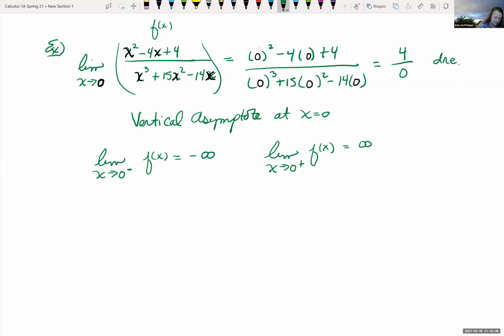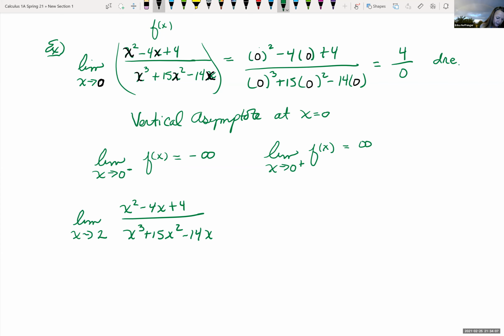It also wanted us to take that same function and evaluate it as x is approaching 2. So our function is x squared minus 4x plus 4, all over x cubed plus 15x squared minus 14x.